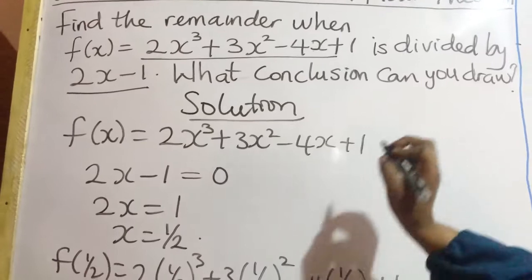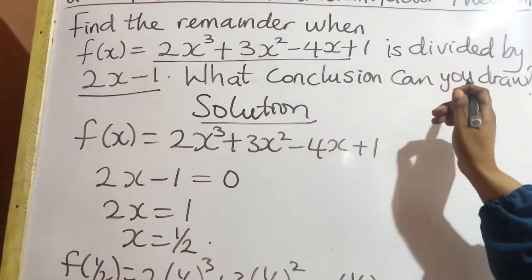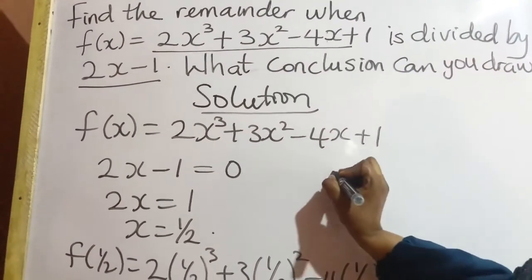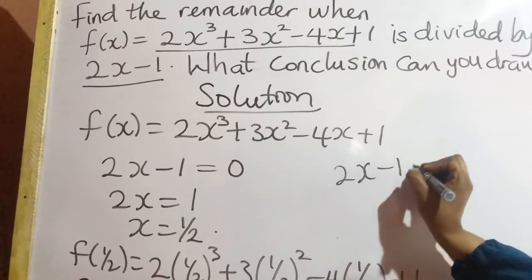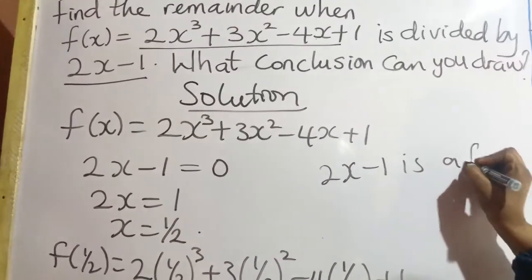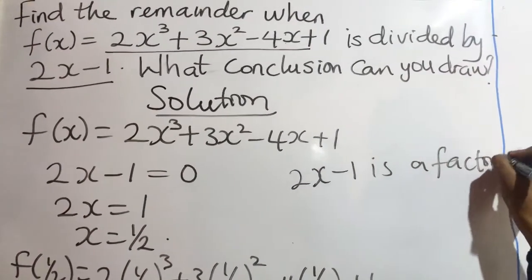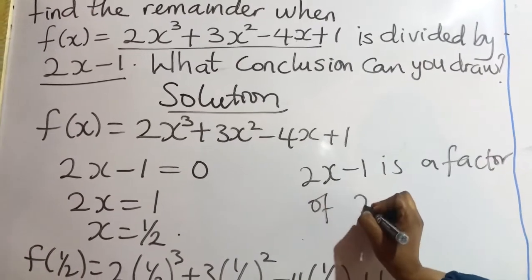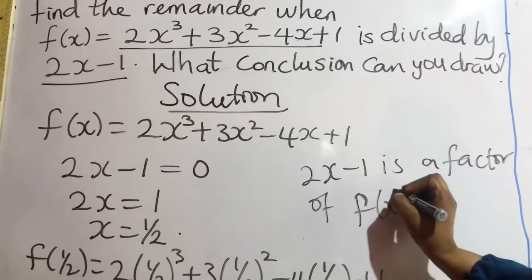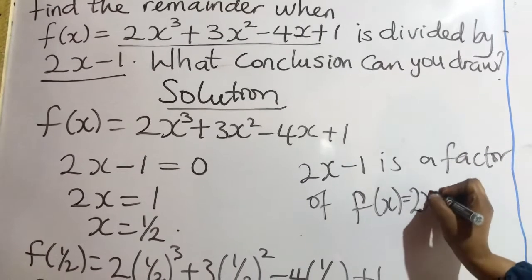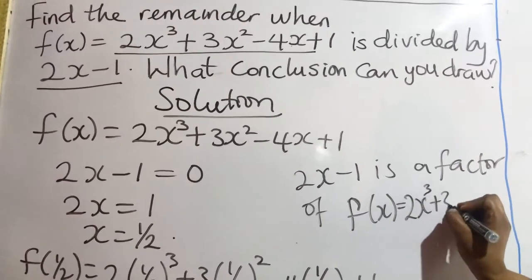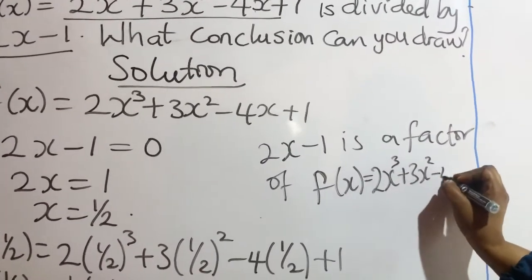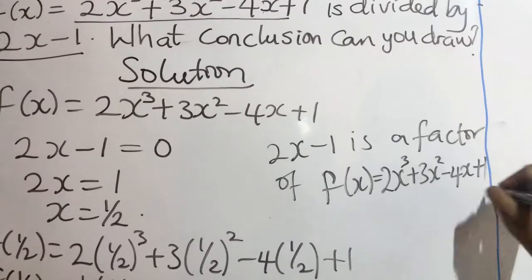So what conclusion can we draw here is that 2x minus 1 is a factor of f of x, which is equal to 2x cubed plus 3x squared minus 4x plus 1.